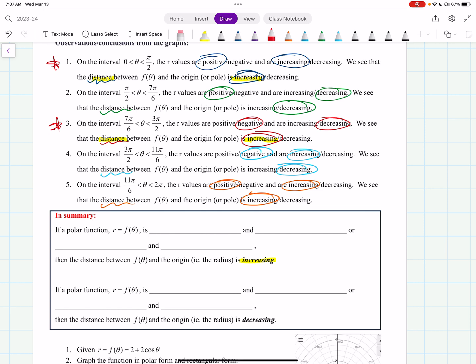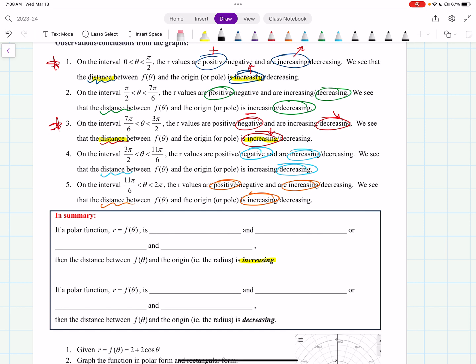Positive and increasing, going up, the distance is increasing. If it's negative and going down, it's kind of similar. So when the signs are the same, the distance is increasing. That's how I remember it. So let's put that together.